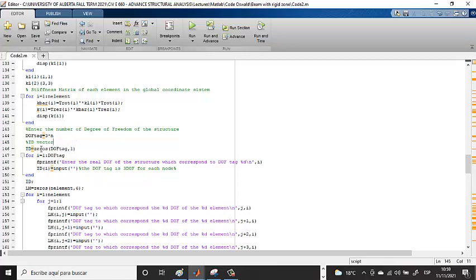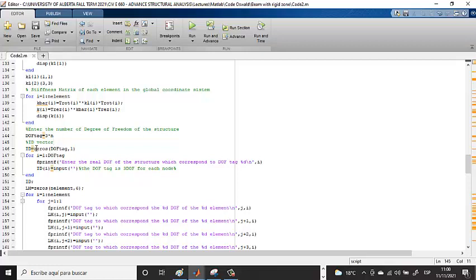So we need to consider the constraints, for example at the supports. In our case, we have a fixed support, so the element doesn't have translation and rotation at that fixed end.